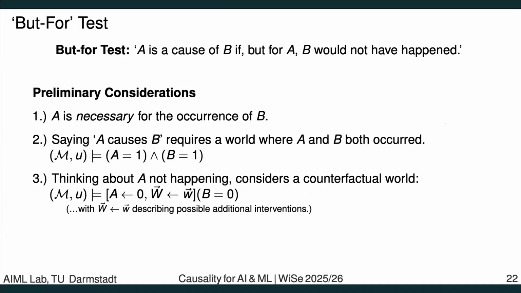And the common thing that the whole concept of actual causality somehow evolves around is this sort of but-for test, which is this phrase: A is a cause of B if, but for A, B would not have happened.